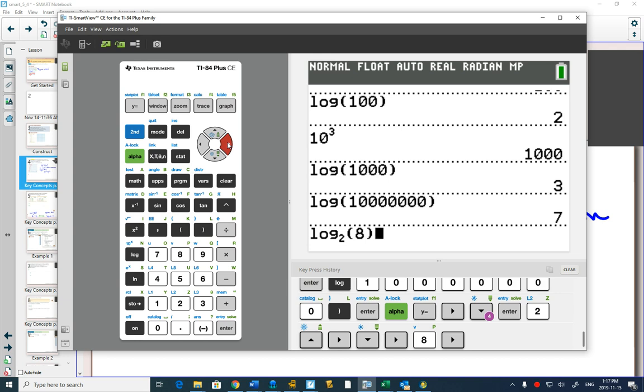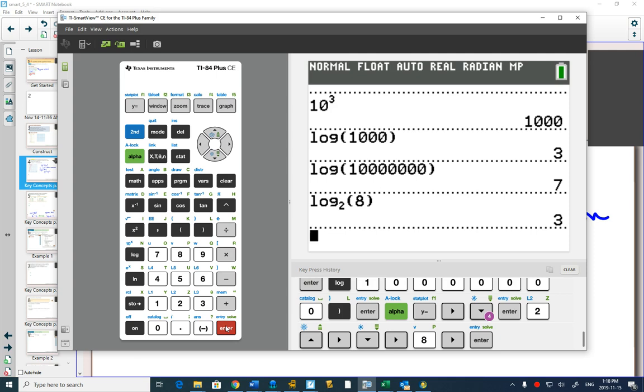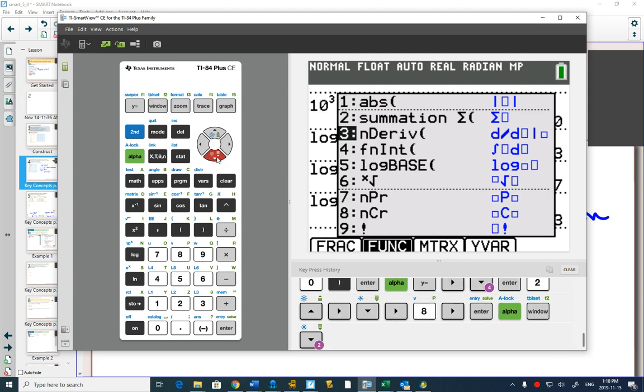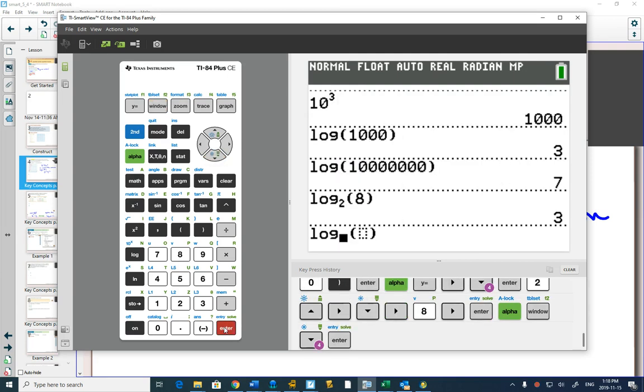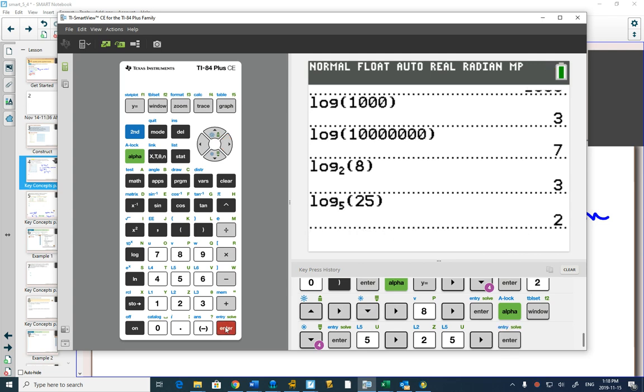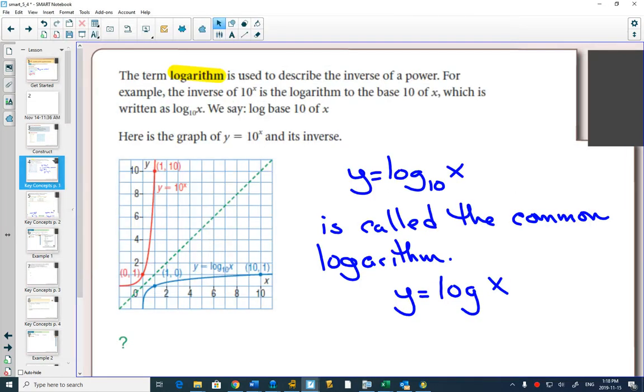Log base 2 of 8. Push enter. Okay, see if you can start to figure out how logs work. How about log base 5 of 25? So we'll come back to this, something to think about.